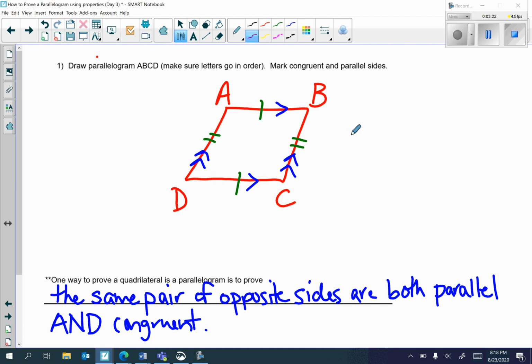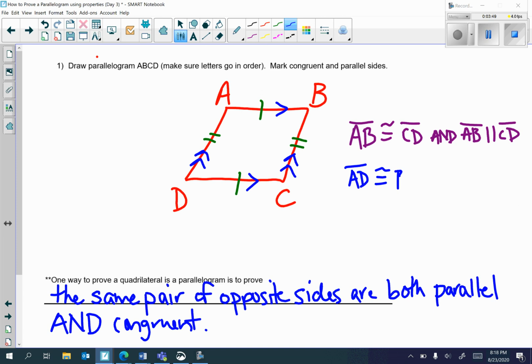Let's use this question as an example. So one way to prove would be to say that AB is congruent to CD and AB is parallel to CD. That's one way to prove that this is a parallelogram. The other way is to say AD is congruent to BC and AD is parallel to BC.